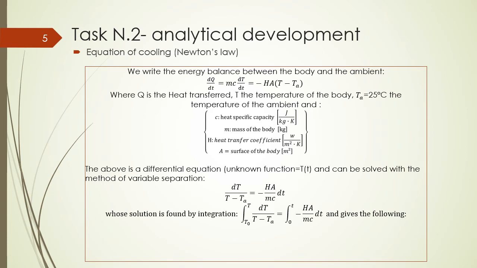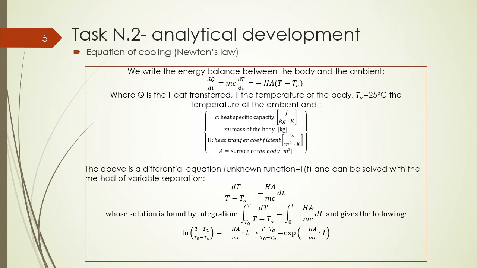The solution is given by integration of the respective members and gives the following function, which is a logarithm of the ratio between the difference of temperature of the body and temperature of the ambient, divided by the temperature of the body initial minus temperature of the ambient, equal to a coefficient with minus made by these four variables times t.